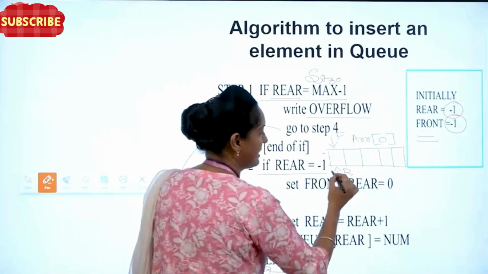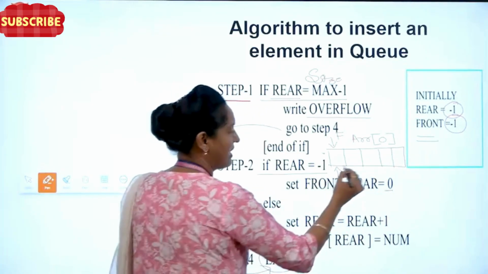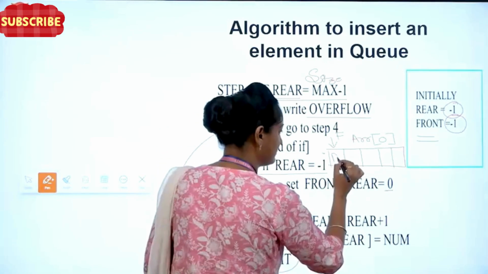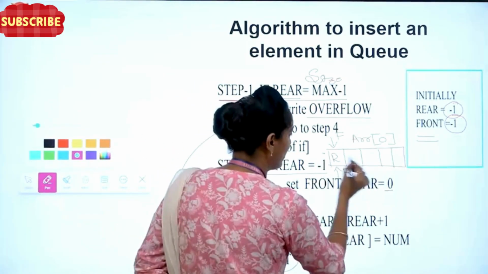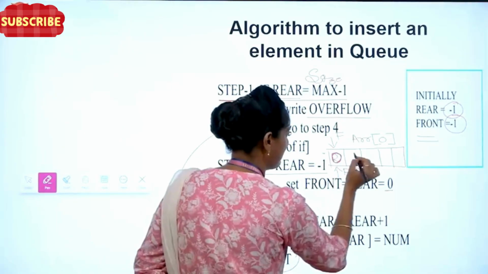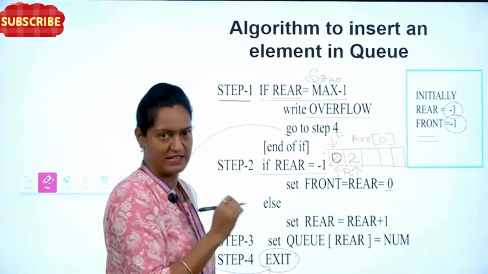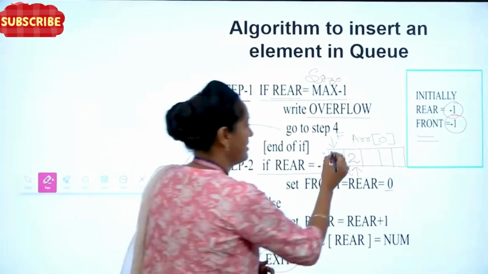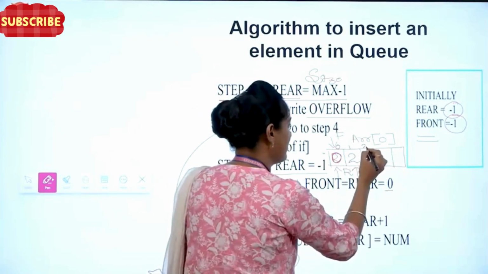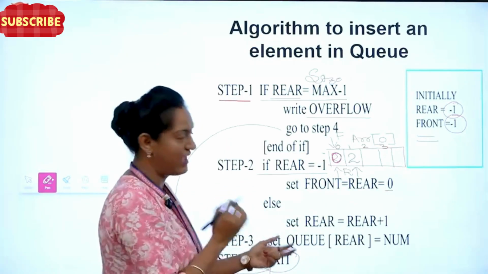Else, if they are not both pointing to 0, then we increment rear by 1 and put the element. So initially front always points to the 0th position and rear will move 1 by 1 whenever we are inserting an element.